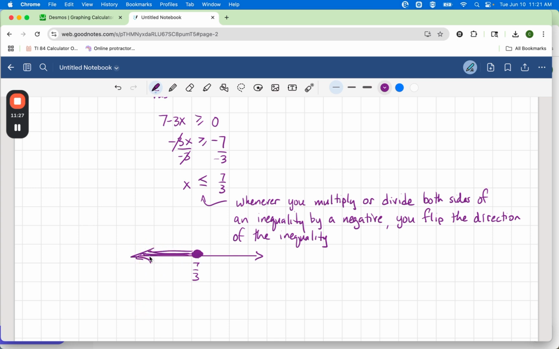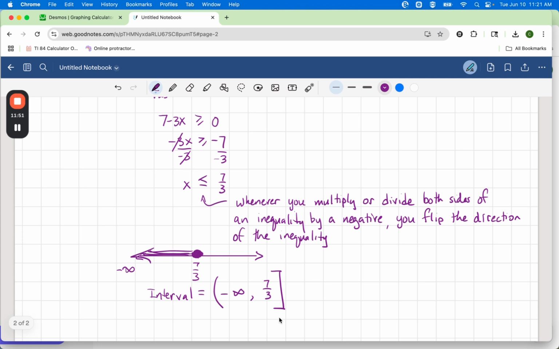Check it out, this arrow here to the left points at negative infinity. So my interval notation is going to be negative infinity to 7/3. Never a bracket on infinity, so that's a parenthesis. The 7/3 is a filled in circle, so that's a bracket. So there's my domain.